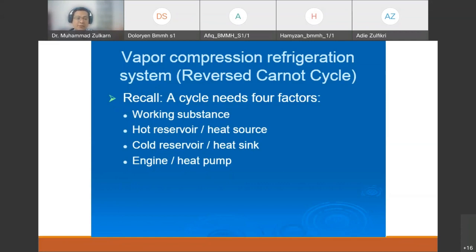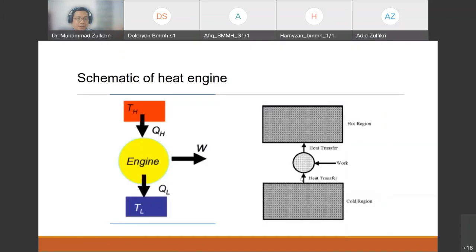So that one cycle condition we call vapor compression refrigeration. This is one schematic of one cycle of refrigeration in the Carnot system.